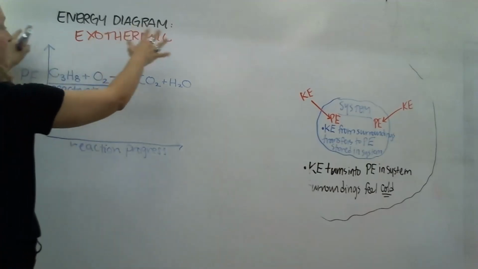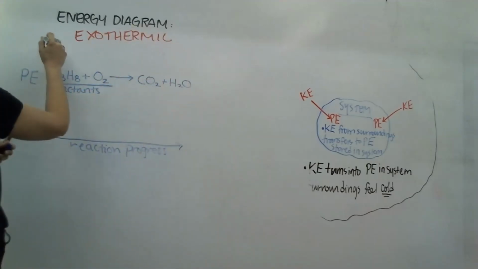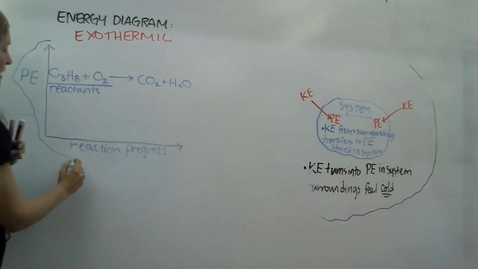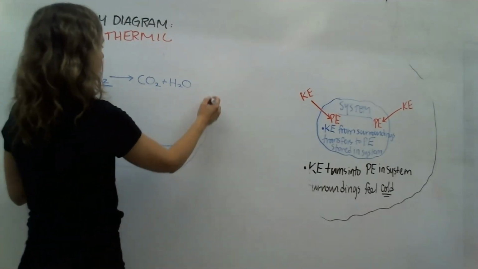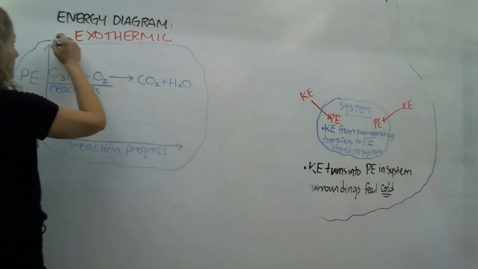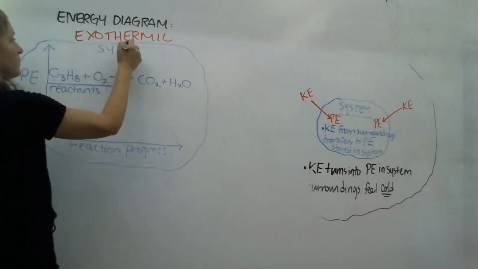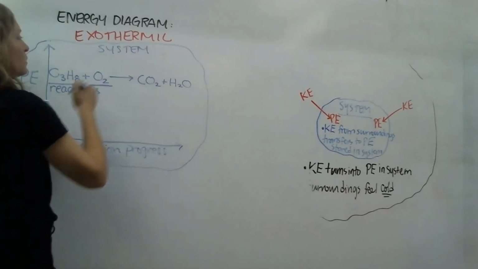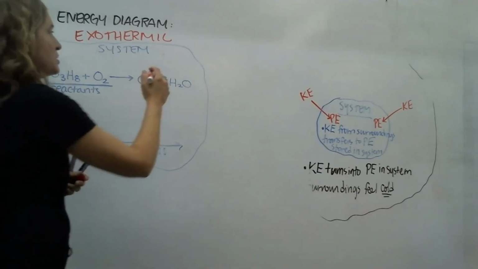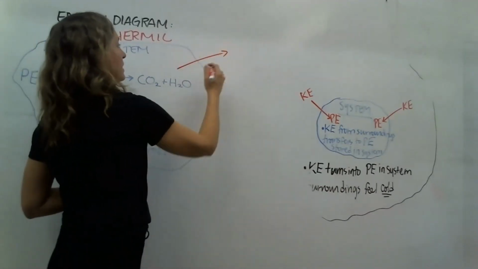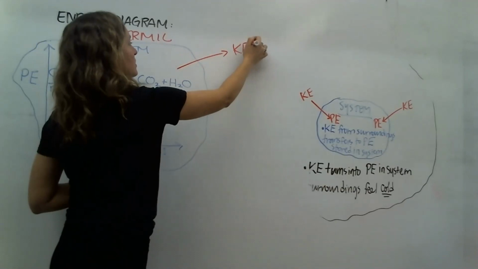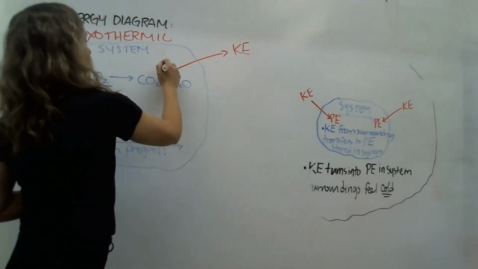This is the system here. So for the exothermic process, this is the system. We said that potential energy goes out as kinetic energy to the surroundings, right?